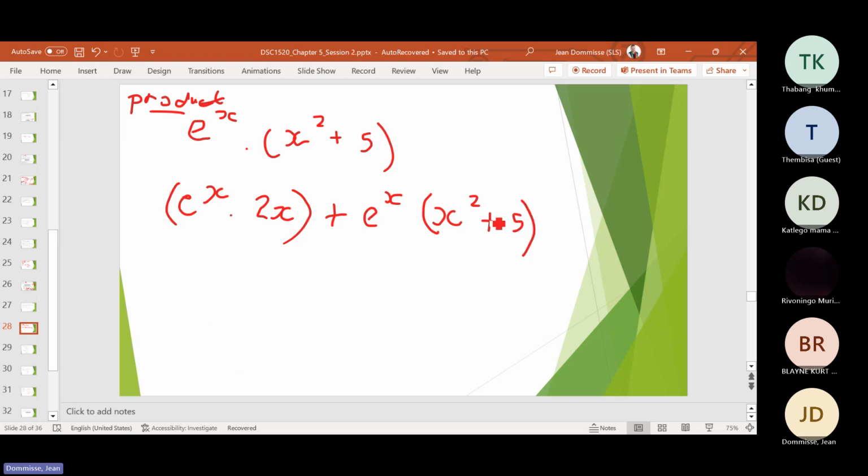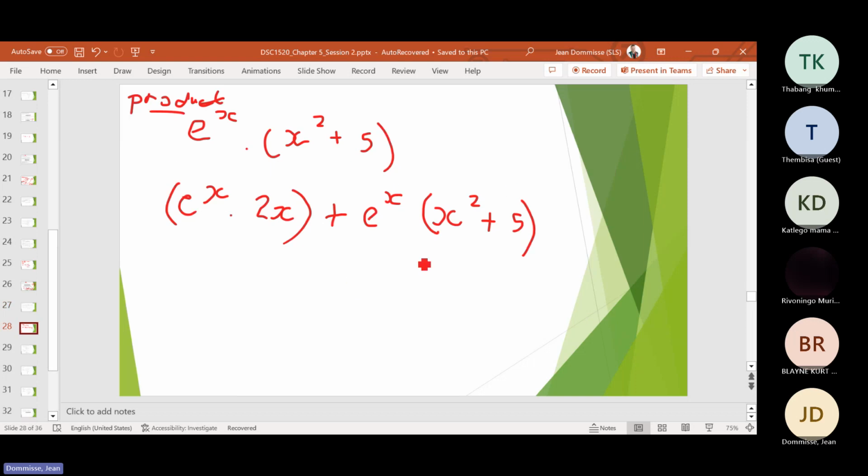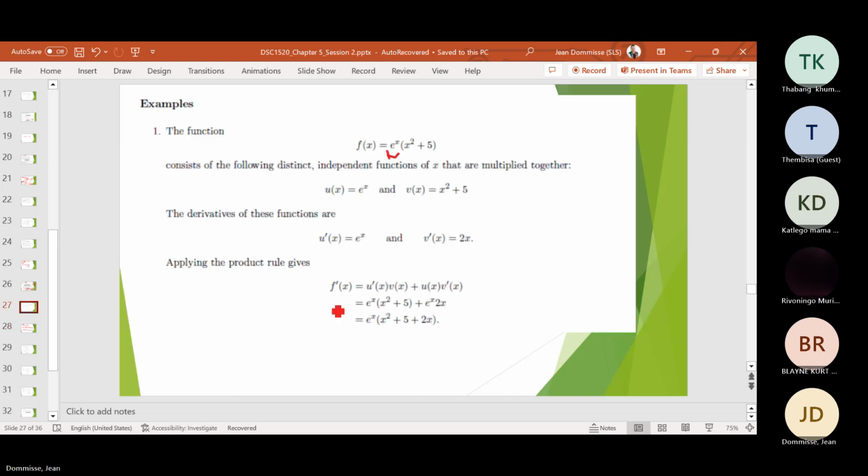Okay, and then I don't know if I wanted you to multiply it out. What Fabian just did is say, well, there's the e^x, there's the e^x, so you can take that out and put it in front, and then what is left is x^2 + 2x + 5. So e to the power of x taken out, then x^2.